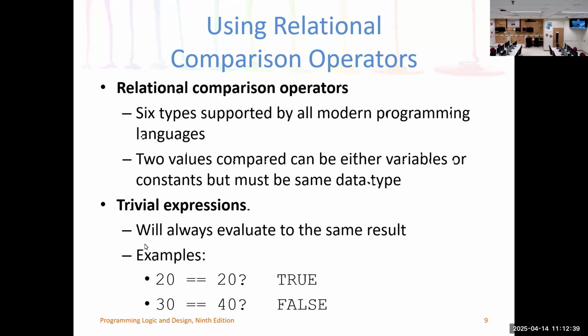So they call it the relational comparison operator, right? Okay, so you have the 6 types supported by all modern programming languages here. You check here, equal or not, right? So remember that if you want to check if the 2 are equal or not, you have to use the double equal sign, not the single equal sign, right?